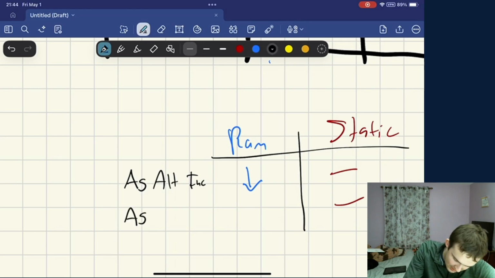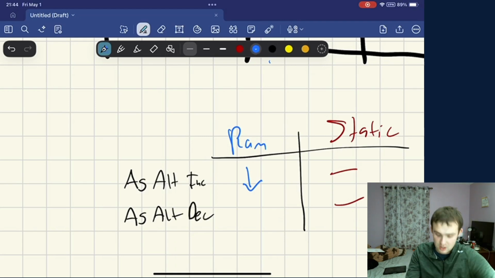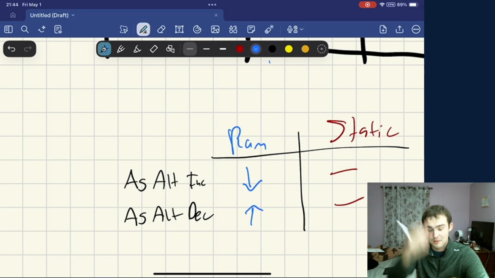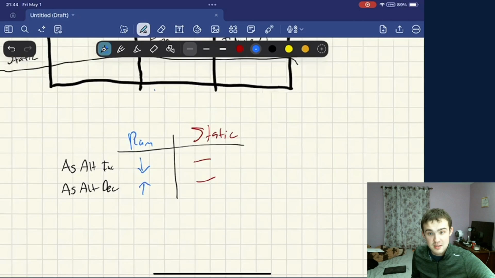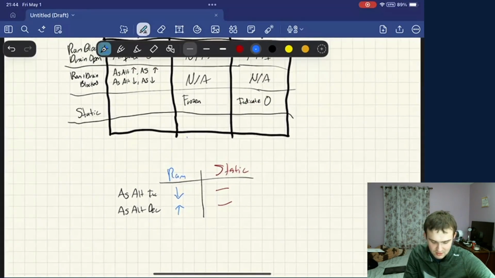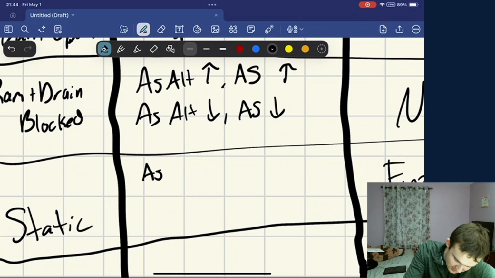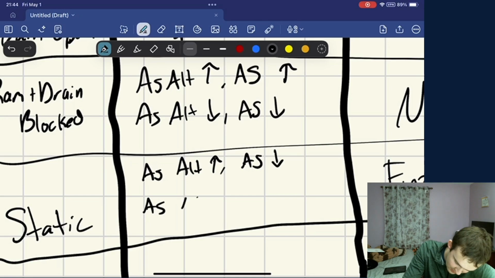If our altitude decreases, the ram pressure is going to increase. As we get lower, we know that the air density is going to get greater, so we're going to have a higher ram pressure. But the static pressure is going to be the same. It's going to increase that pressure differential and show that we are increasing airspeed. So as altitude increases, airspeed decreases. And as altitude decreases, airspeed increases.